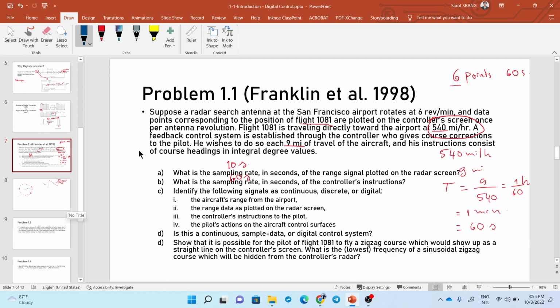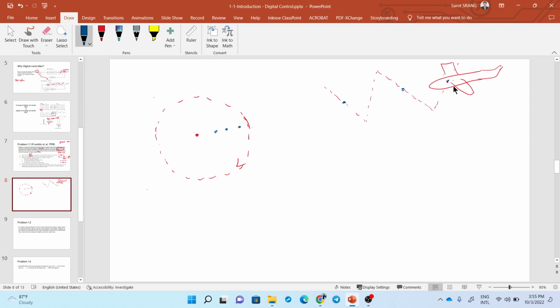Actually the frequency can also be higher, like this, and also make the registration on the radar a straight line, right? But the question asks you to find the lowest frequency, which can be this one, represented by this red one.